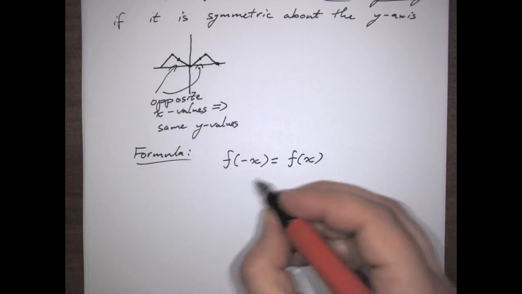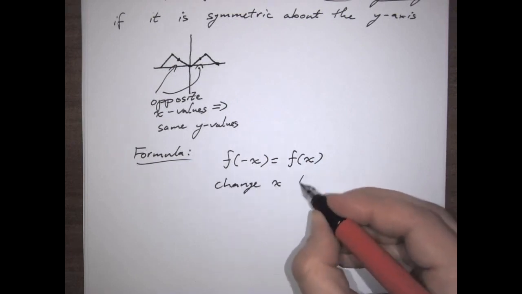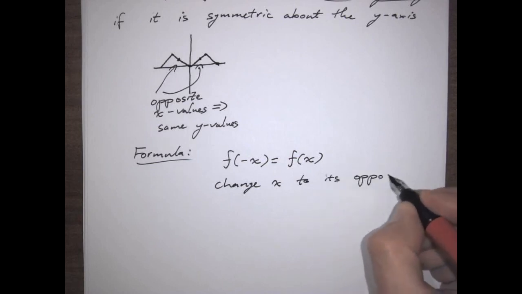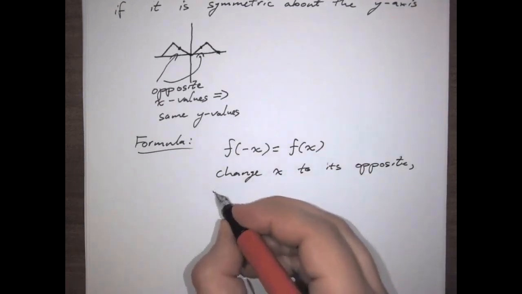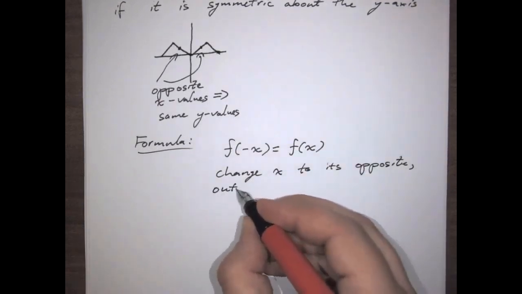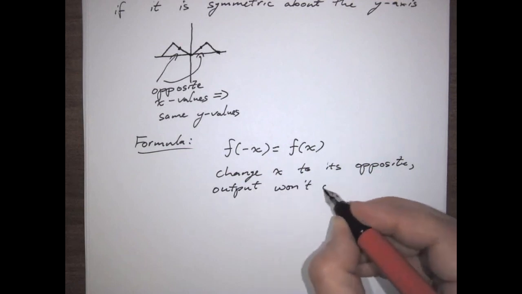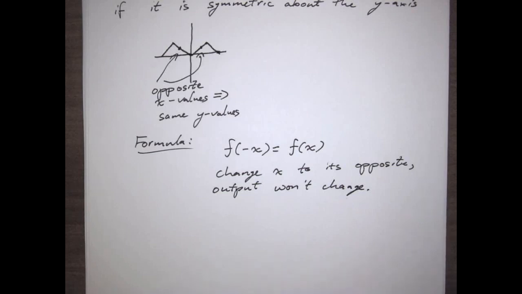So change x to its opposite, and the output won't change. So that's what it means to be an even function.